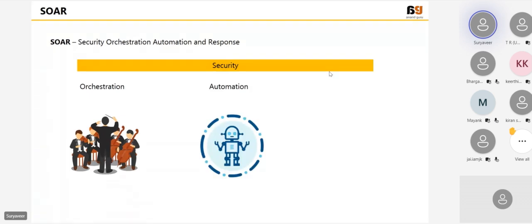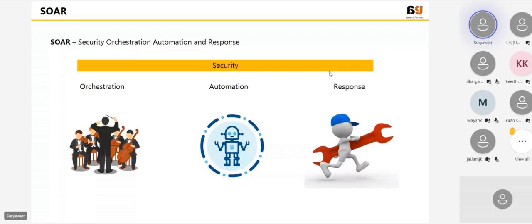That means many other different tools will listen to this SOAR tool. So what is the meaning of automation? We are trying to automate certain activities which we do on a cyclic basis. Every time, go to VirusTotal, put in an IP address or upload a file, get a report. Every time, go to the Active Directory, search for a user, get this information.